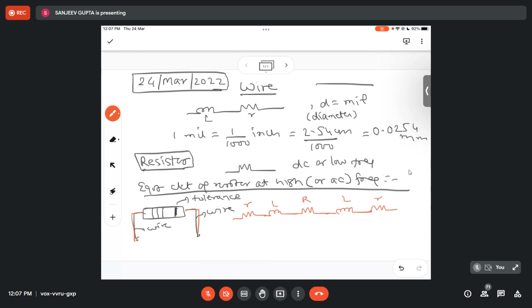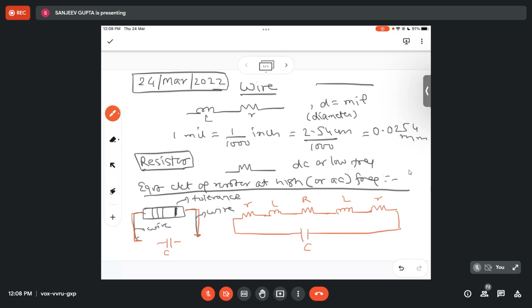Now, when we use a resistor in a circuit, basically I am going to solder like this. So this is metal and this is metal, and between the two metals you have air or dielectric material. So basically it will act like a capacitor. So my equivalent circuit will become like this, with a capacitor.